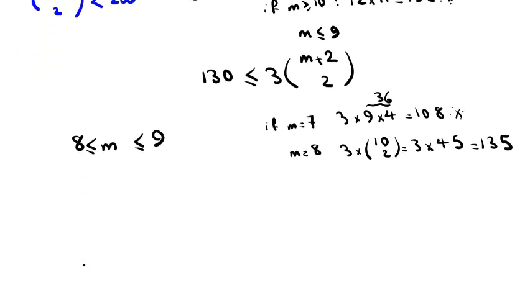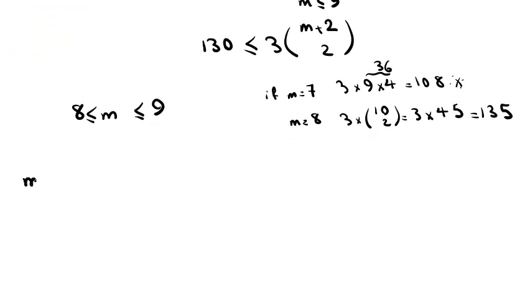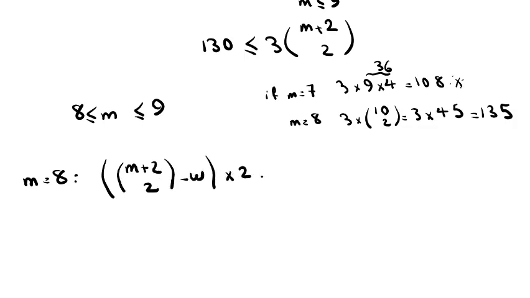So let's check both cases. If M is 8, we have M plus 2 choose 2 minus W, the number of games ended in a draw, times 2, plus 3W equals 130. Now 10 choose 2 is 45. 45 times 2 is 90. 90 minus 2W plus 3W, so 90 plus W is 130.